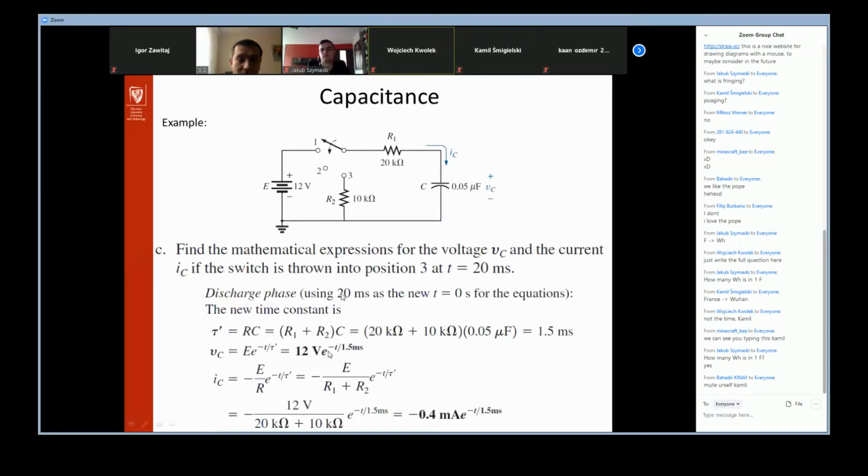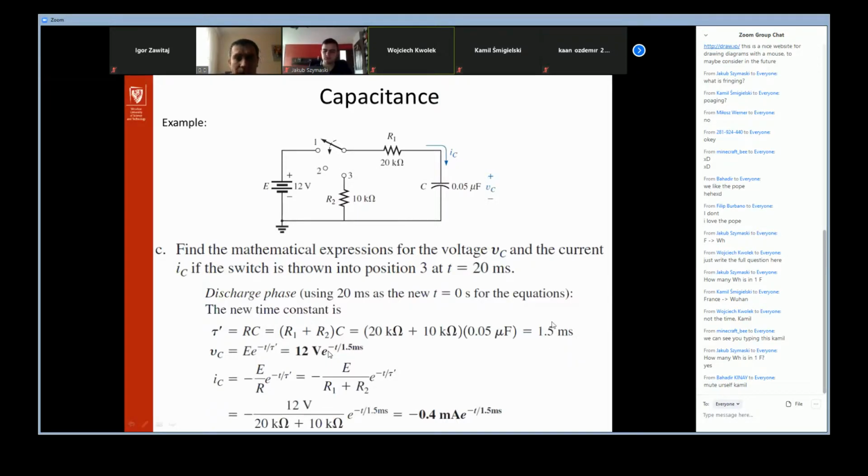If you want to find the time constant for the discharging process, it will be named tau prime, for example, and this is equal in general to RC. In our case, the R is the series connection of R2 and R1. So we've got R1 plus R2 multiplied by C. C stays the same, of course, and then we finally get 1.5 milliseconds of tau.